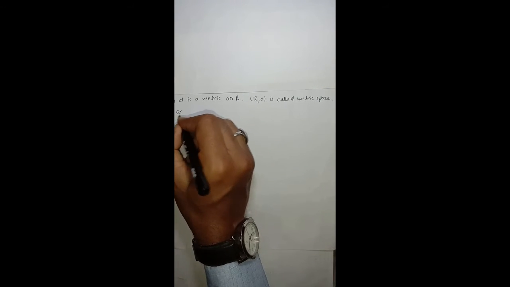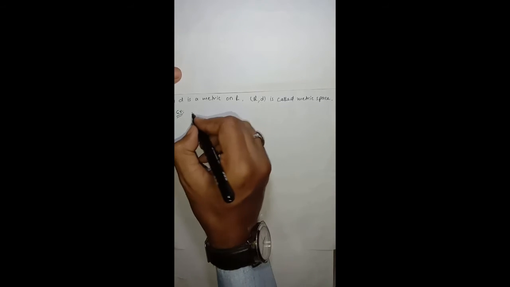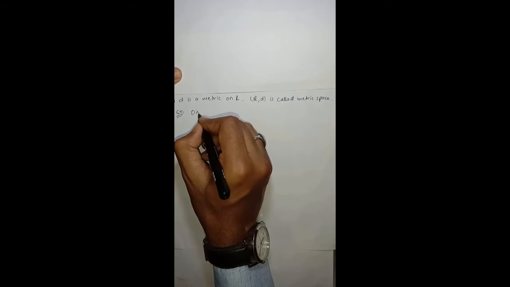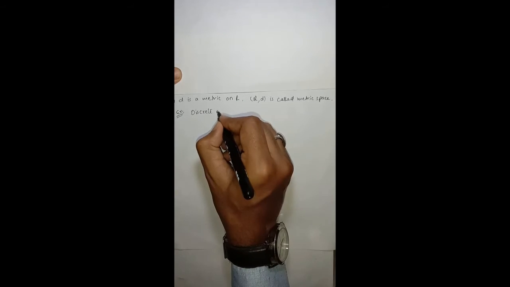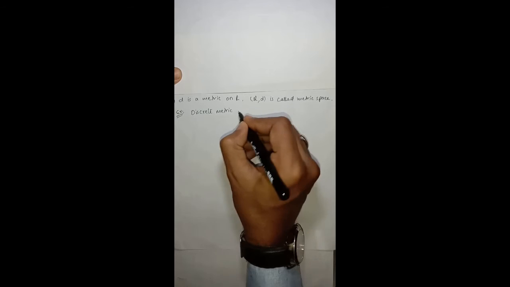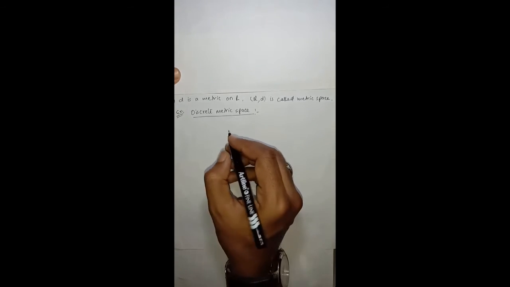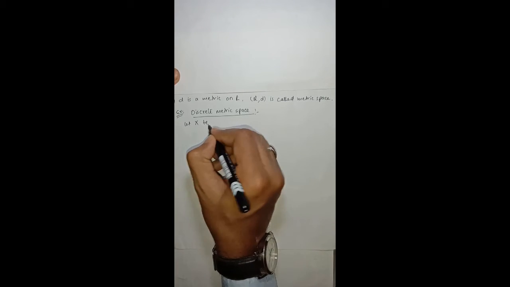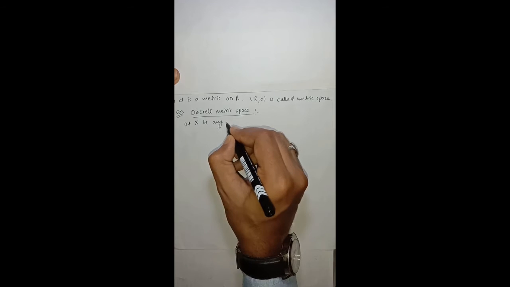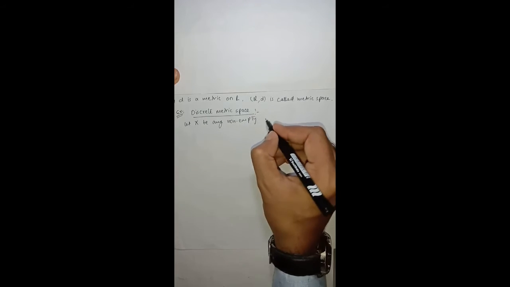Next example, and this is also very important, the discrete metric space. Let X be any non-empty set.